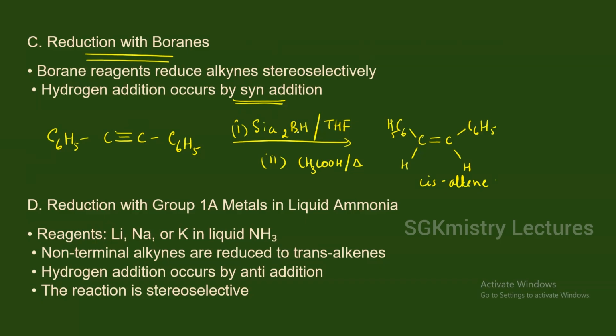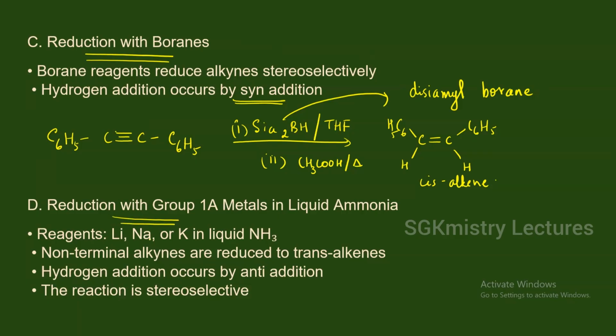This Sia2BH is nothing but disiamylborane. Okay, so it is a sterically hindered dialkyl borane, because of which syn addition occurs, and because of which you are going to get the cis alkene as the product.